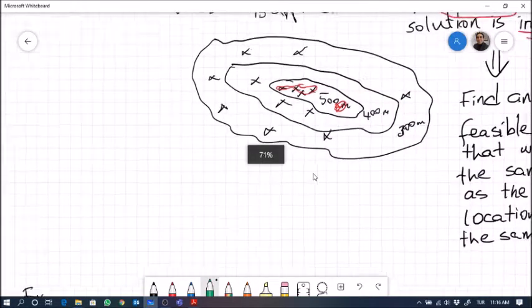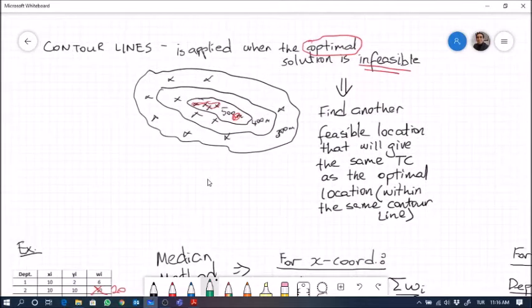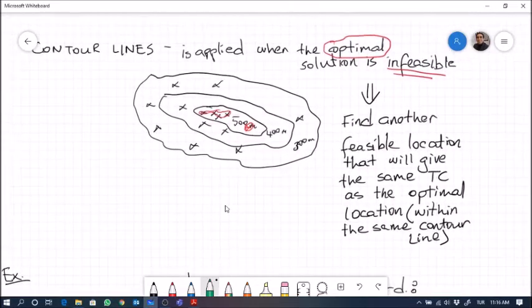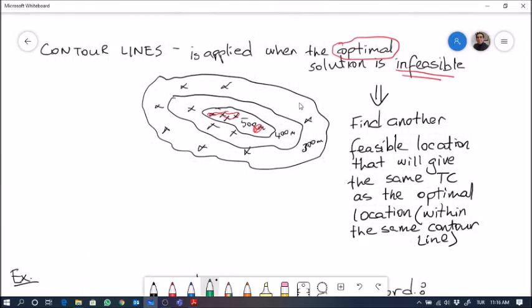So let me explain what a contour line is. Once again, the contour line is a technique applied when the optimal solution is infeasible. At this moment, I would like you to remember your high school geography class. In order to talk about the height of a mountain, we were drawing some lines like this. Let's say this is our mountain, and let's say we have 3 different heights for this mountain.